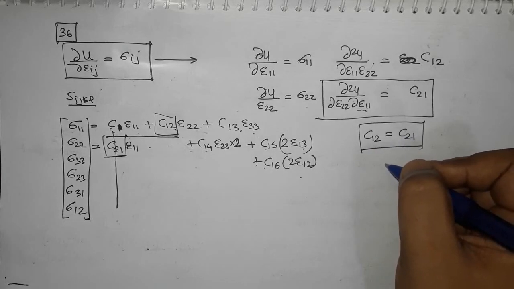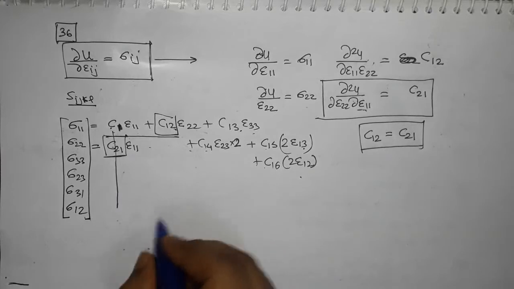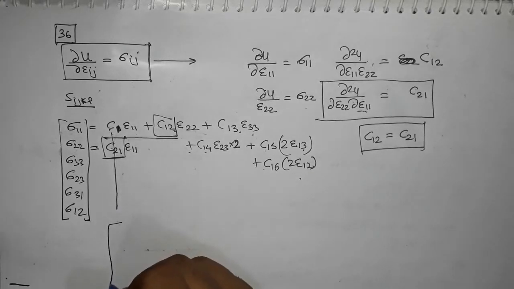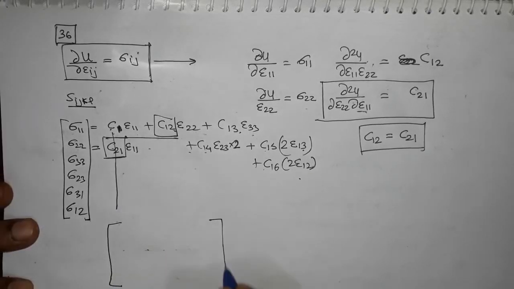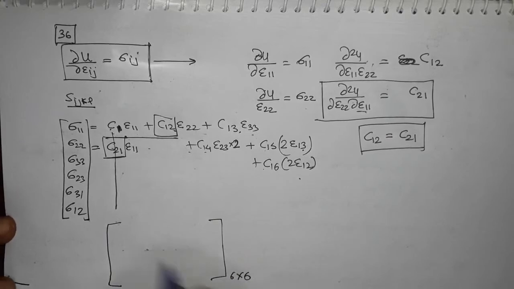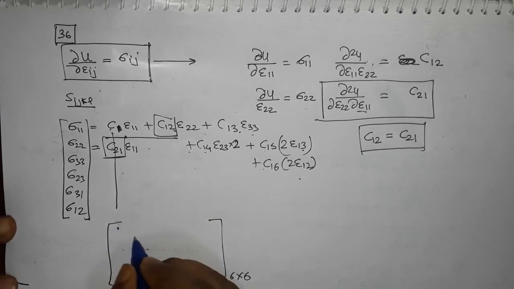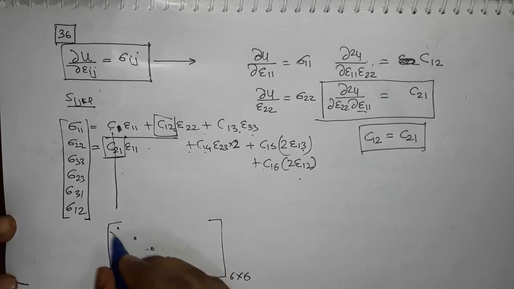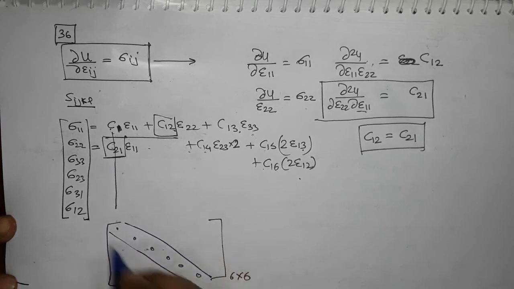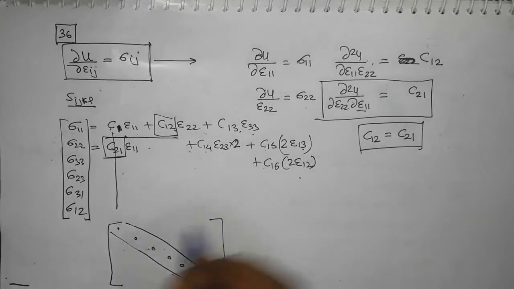Okay, and because this is a 6 by 6 matrix, we have 6 components along the diagonal, 1 2 3 4 5 6, which will not be affected because of this symmetry, right?